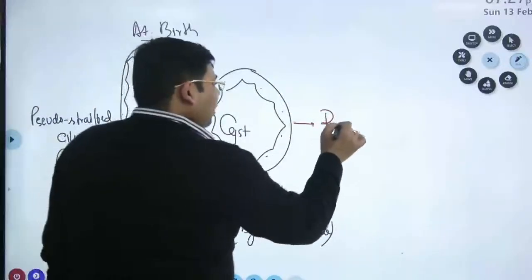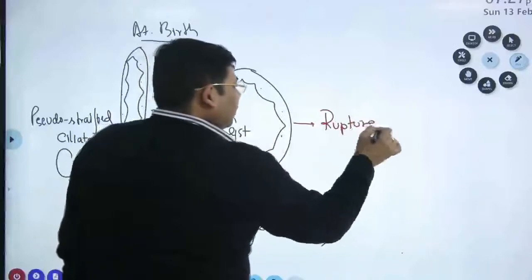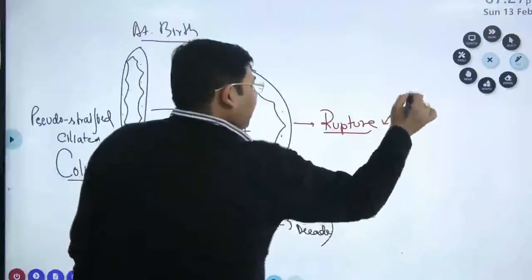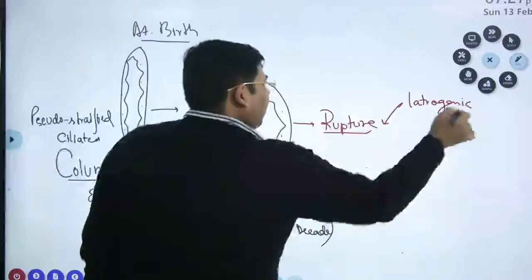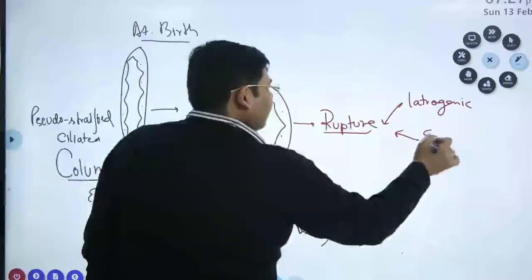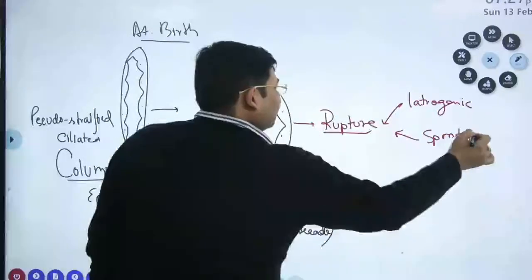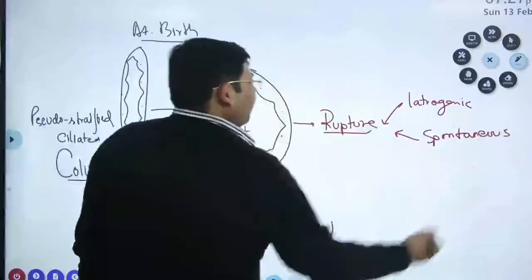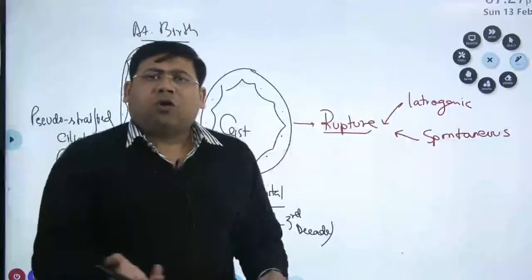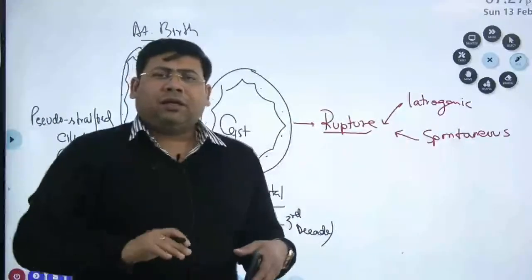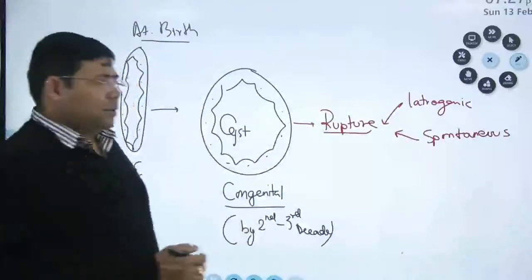So it has to undergo a rupture, and when it undergoes a rupture, it may be iatrogenic or it may be a spontaneous rupture. There are so many congenital cysts which get ruptured and they just dissolve, or resolve. But this cyst is a special cyst.